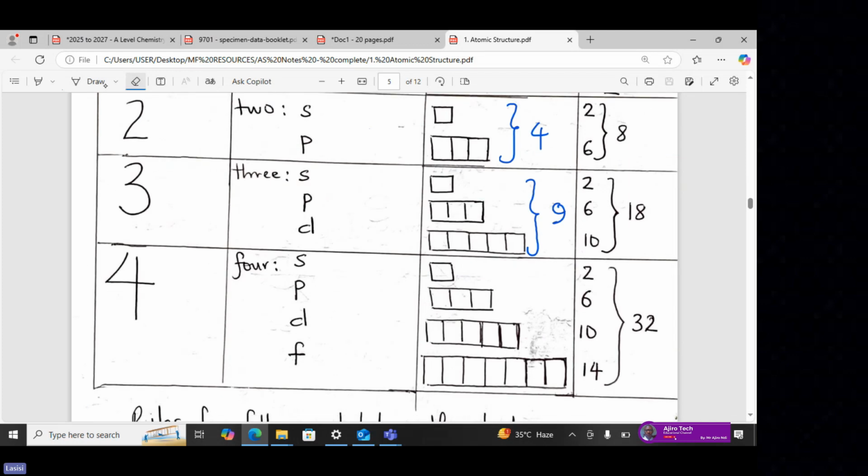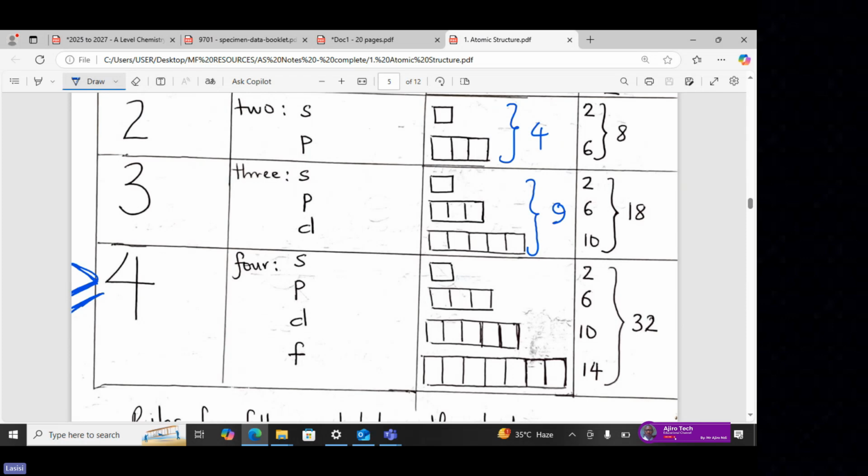And finally, shell number greater than or equal to 4. Do you get the point now? Greater or equal to 4, they contain 4 subshells: S, P, D, F. S contains 1 orbital, P contains 3, D contains 5, F contains 7.